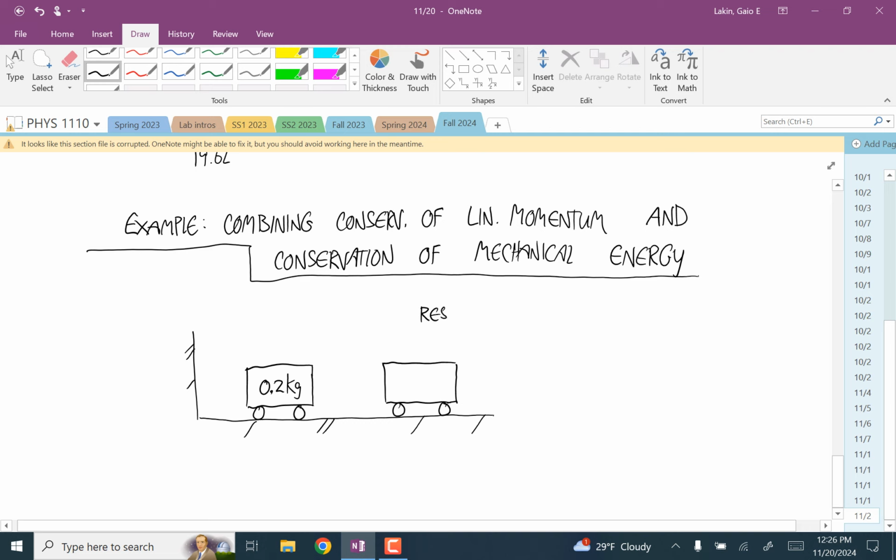So this one's initially at rest with a mass of 0.1 kilograms. And when they collide, they're going to latch together. And let's say that what we're going to do to start the motion of this system is think of the start of a pinball game. We're going to pull back a spring, okay? And this spring has a constant of 600 newtons per meter.